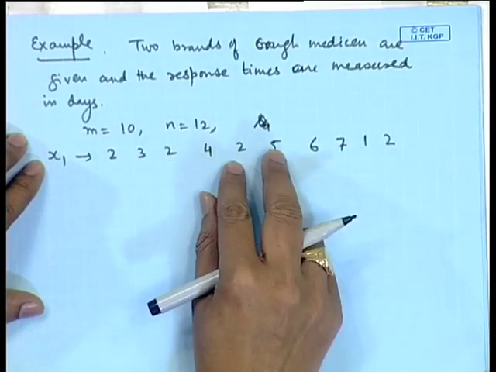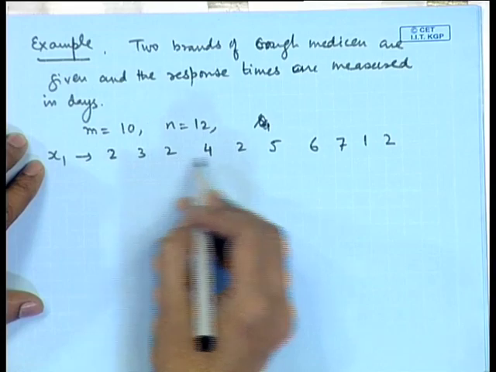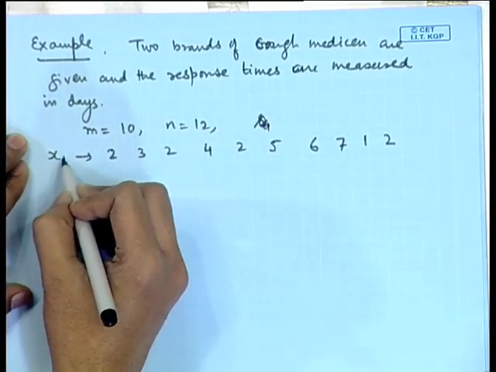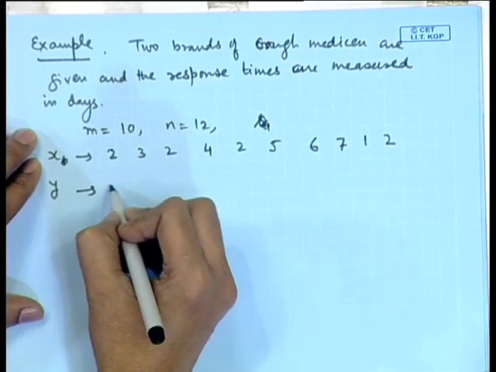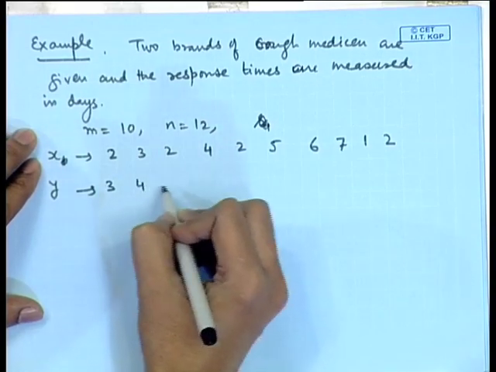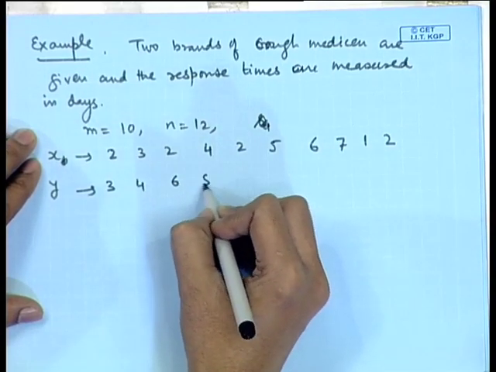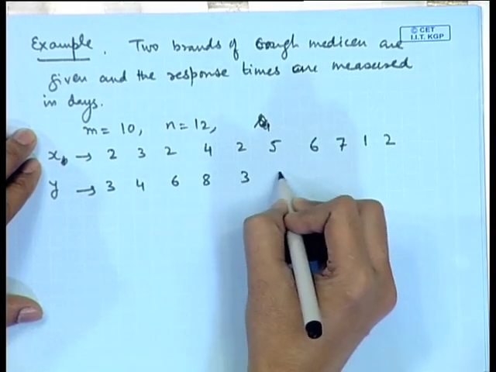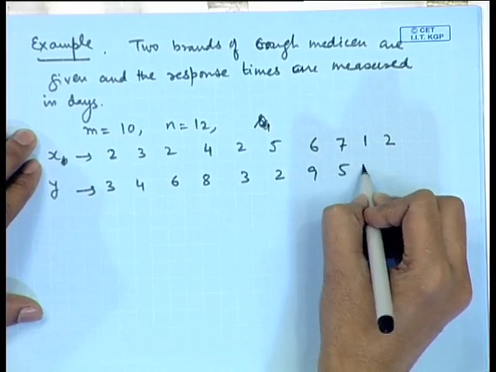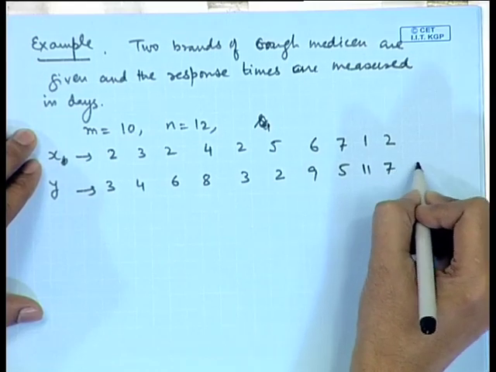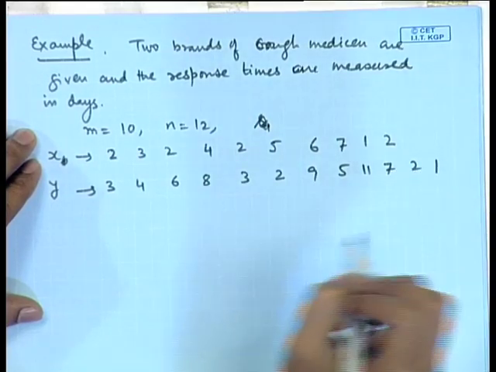So, we have 10 data here and for y we have the data say 3, 4, 6, 8, 3, 2, 9, 5, 11, 7, 2, 1.